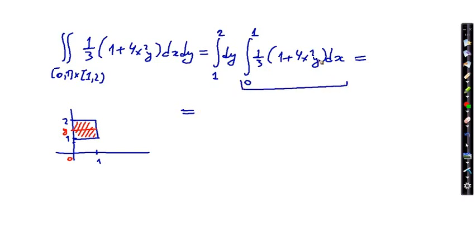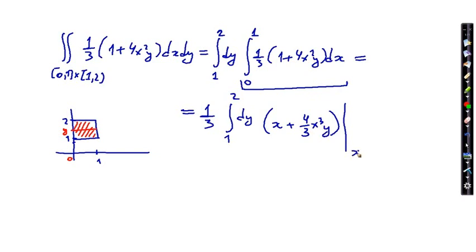So here y is fixed, and I'm integrating with respect to x. By the way, this constant will go out, 1 over 3, integral from 1 to 2 dy. And here I need to integrate this with respect to x, so I'm getting the integral of 1 is x, the integral of this is 4 over 3 x cubed y, and I need to plug in x equal to 0 to x equal to 1.